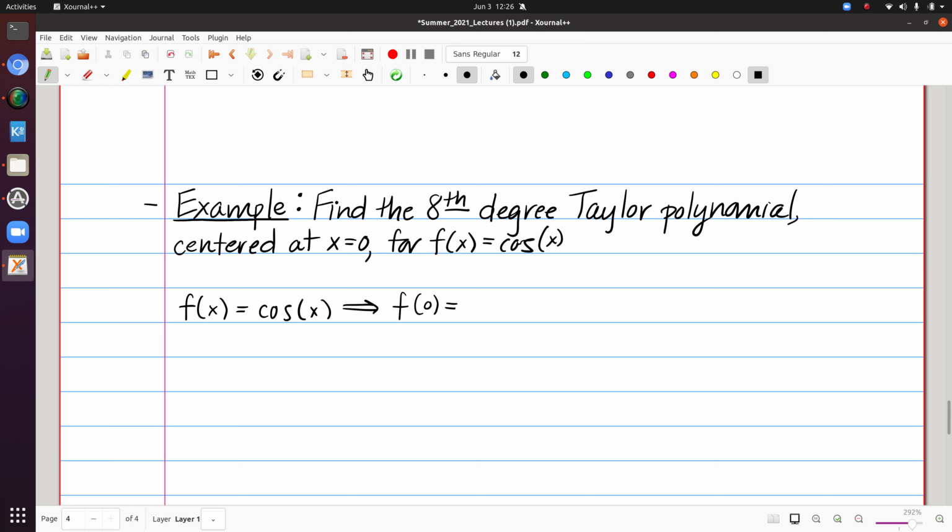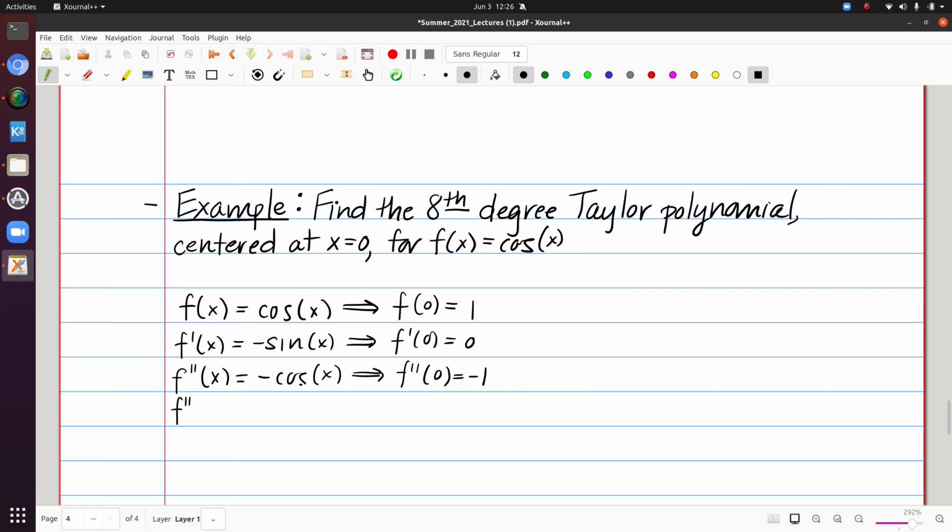So here, cosine of 0 is 1. The first derivative is negative sine of x. If I plug in 0 to that, I get 0. The second derivative is negative cosine of x. Evaluating that at 0 gives me a negative 1.